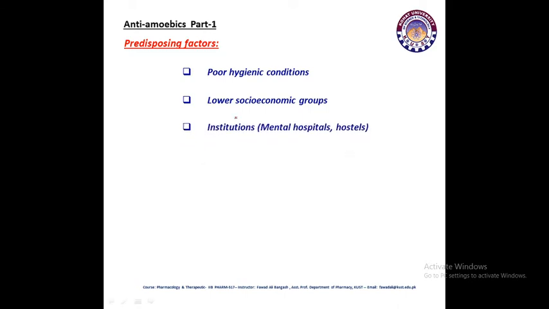Lower socioeconomic groups, institutions, mental hospitals, and hostels where there is no proper management, hygiene or sanitation, male homosexuals, and deficiency of the immune system or immunosuppression, like patients on chemotherapeutic agents, organ transplant patients, or patients on immunosuppressive agents with autoimmune diseases.